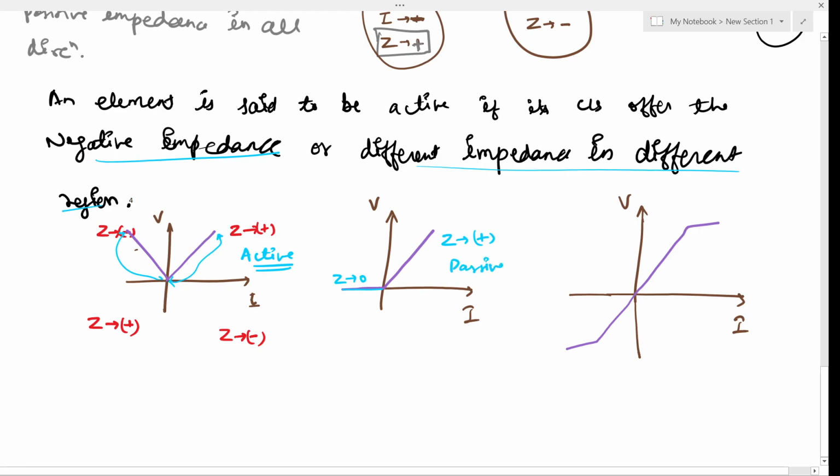If this type of characteristic is offered, it will be passive. And here, which type of case is this? Here Z is positive, and here also Z is positive. That's why this is the characteristic offered by the passive element.